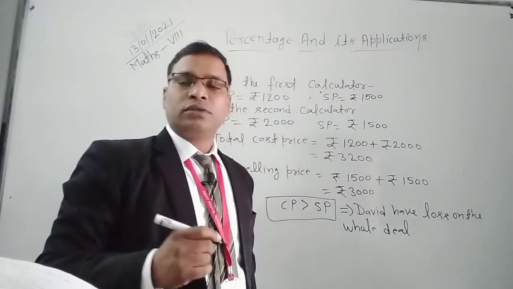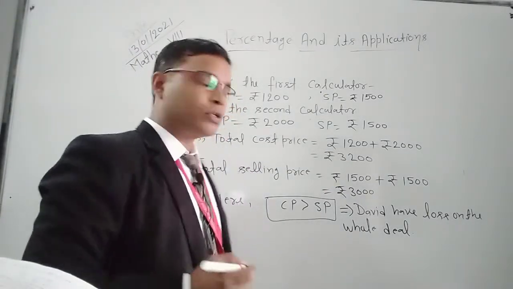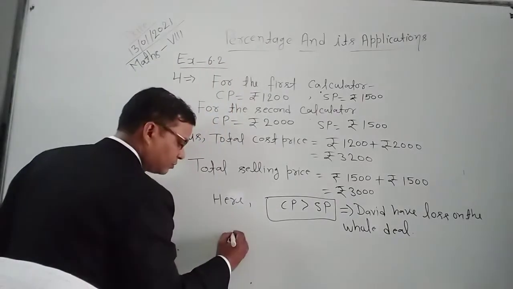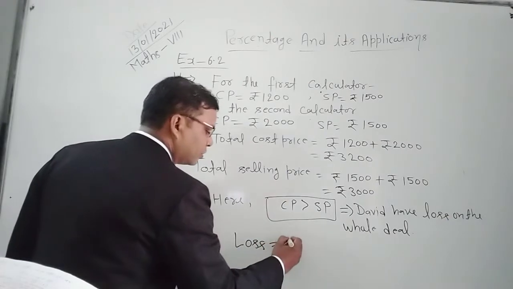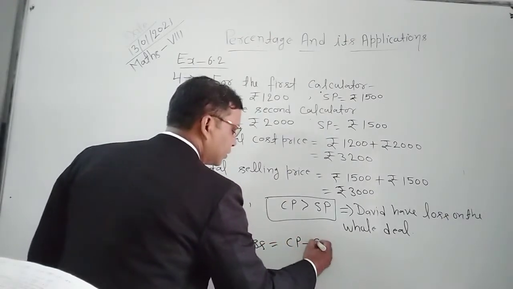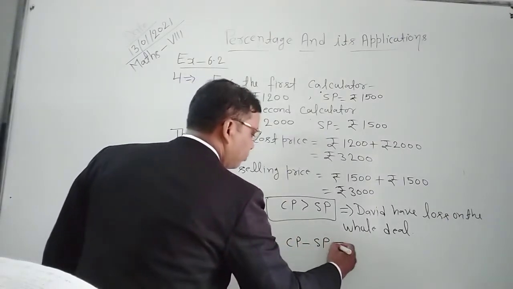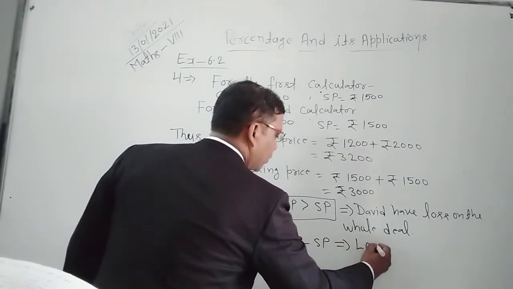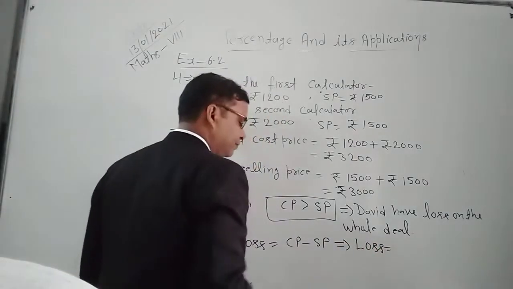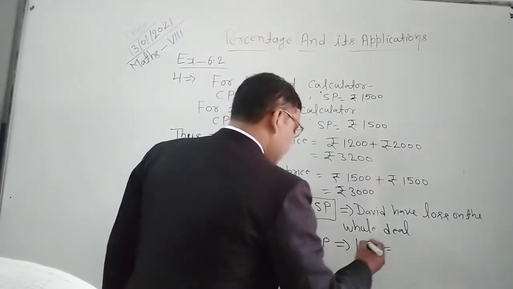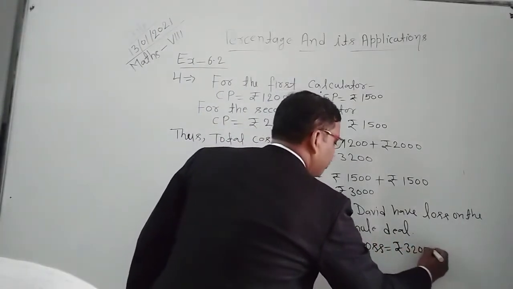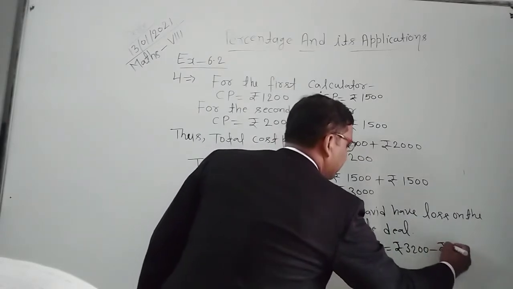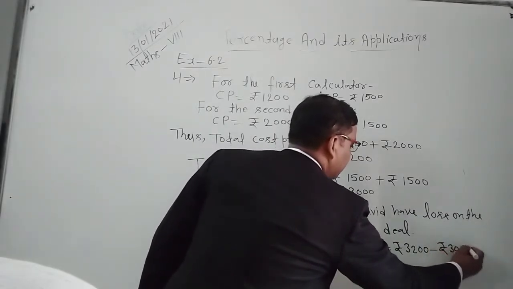Now, how much loss? Loss is equal to CP minus SP. This implies that loss is equal to CP, which is given here as 3200 rupees, minus SP, which is given as 3000 rupees.